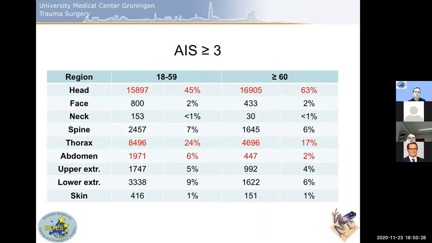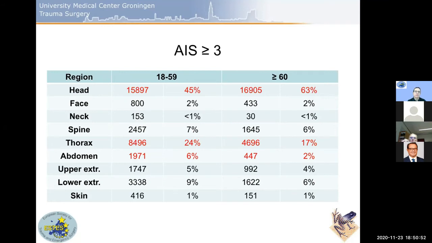If we look at the Abbreviated Injury Scale, AIS, then you see that the head injury is 63% in the older group and 45% in the younger group. And what we saw with the thorax and with the abdomen is the other way around.